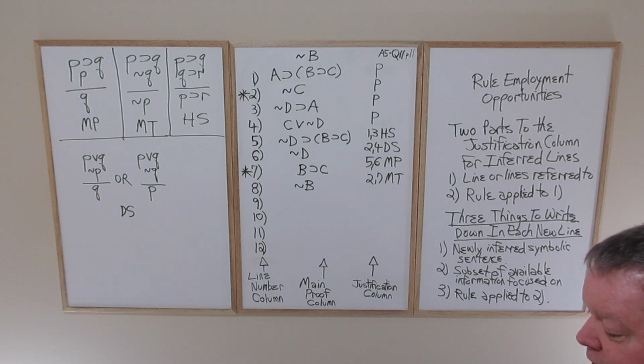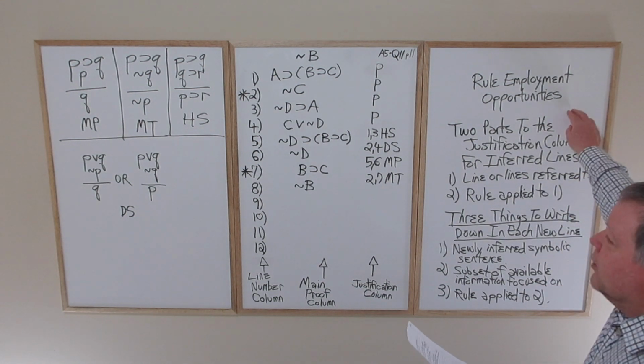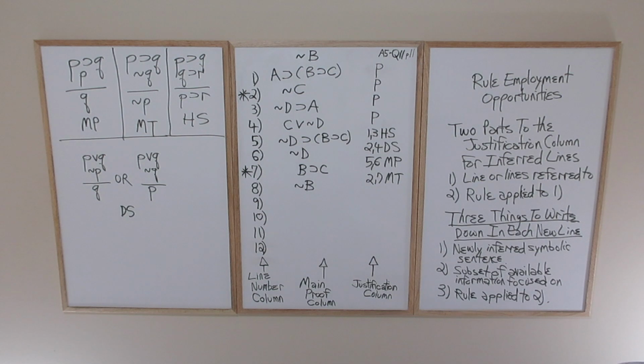Key point: each new line in the proof is an entirely separate logical operation. For each new line in the proof, you start all over again. What you're doing is scanning the continually enlarging set of available sentences, looking for a rule employment opportunity.